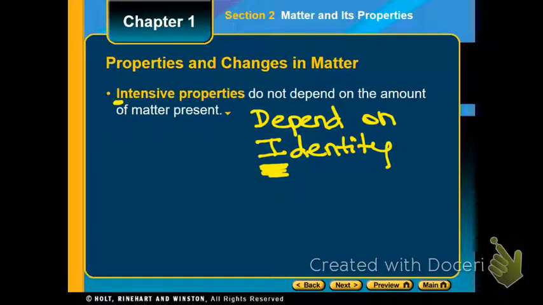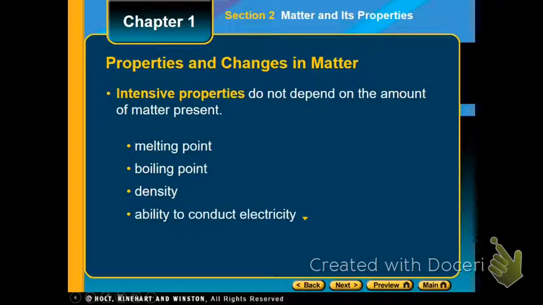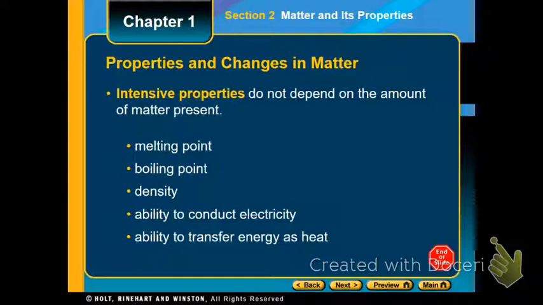How do you identify it? But it does not depend on amount. Some examples of intensive properties are melting and boiling points of a substance, density, can it conduct electricity, can it transfer energy as heat. So any of these would be intensive properties.